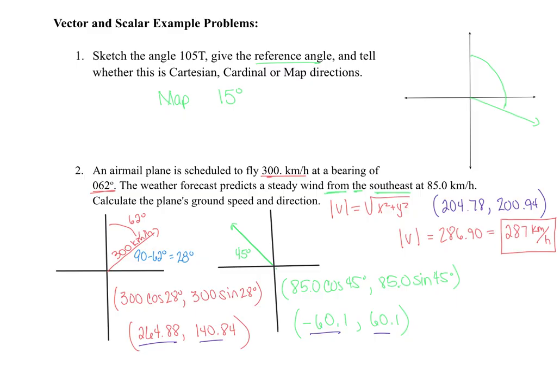It's also asking for direction. Remember, direction uses my inverse tangent. So for direction, inverse tangent, make sure it is y over x. You can completely ignore your positives and negatives here because it is going to give a reference angle. So to give a bearing, we're going to have to back into it anyway.